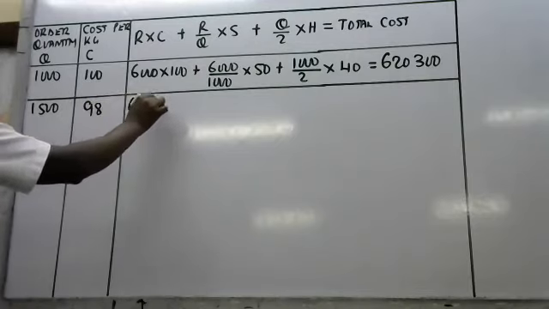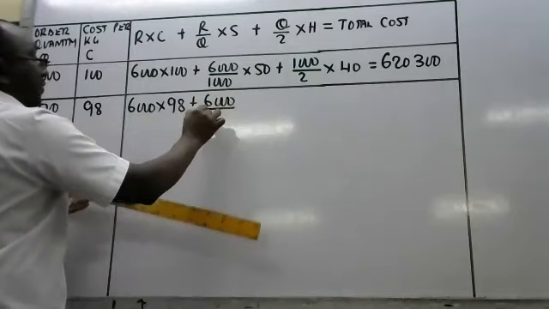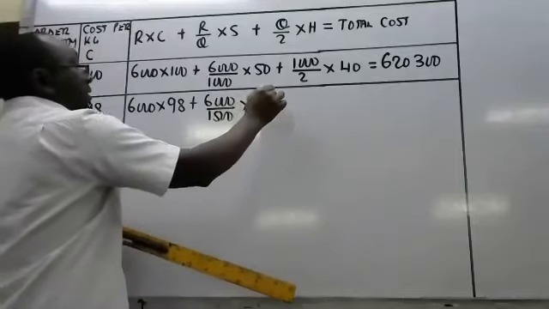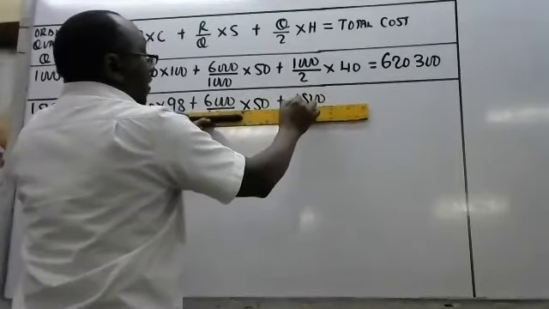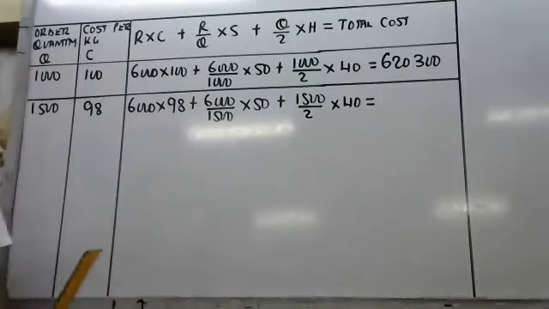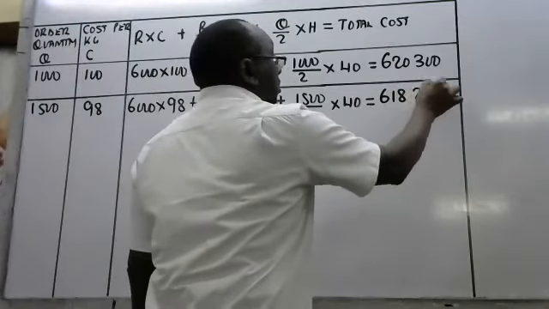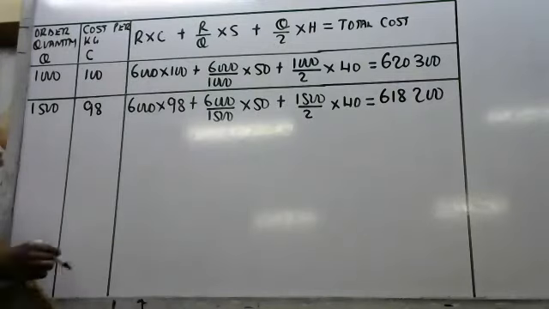So again, 6,000 times 98 plus 6,000, you divide by 1,500, multiplied by 50, plus 1,500, you divide by 2, multiplied by 40. It is 618,200.